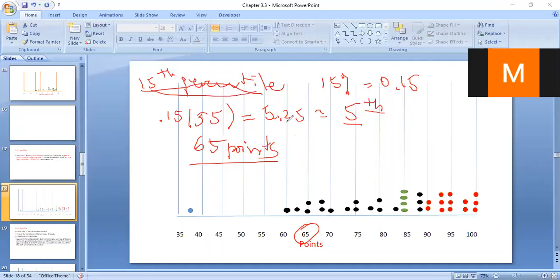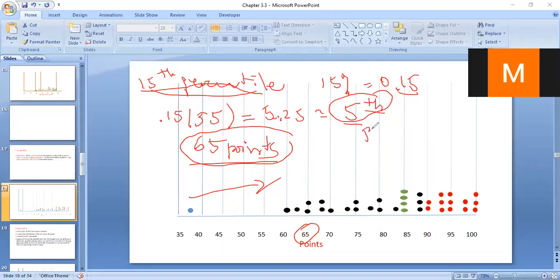Given the percentile, find the value. You change the percent to a decimal and multiply by the total. And then you count from left to right. This is the fifth: 1, 2, 3, 4, 5. That is percentile, find the point.